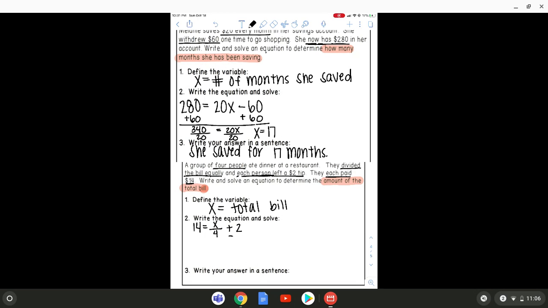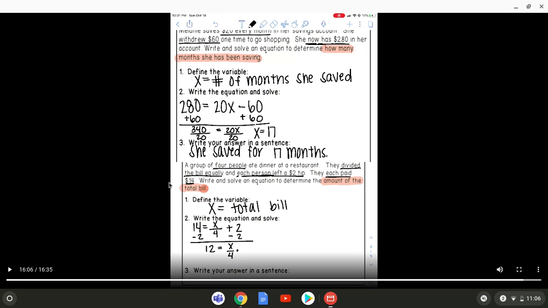Now we're going to solve this by subtracting our constant from both sides, and we get 12 is equal to X over 4. Just remember, the total that each person paid was $14, which was made up of 1/4 of the bill and a $2 tip.